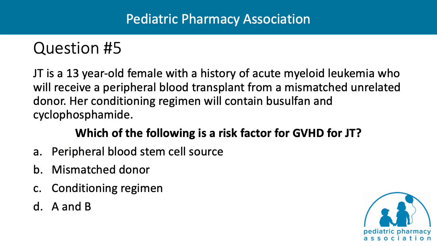And our last question is an extension of the previous case. So in that case, which of the following is a risk factor for GVHD for JT? Is it A, peripheral blood stem cell source, B, mismatched donor, C, conditioning regimen, or D, A and B?